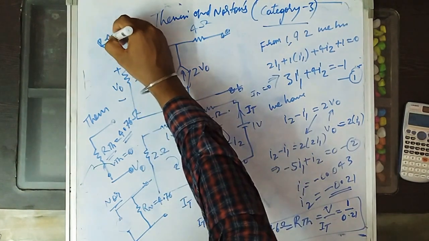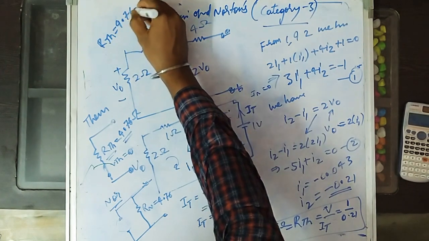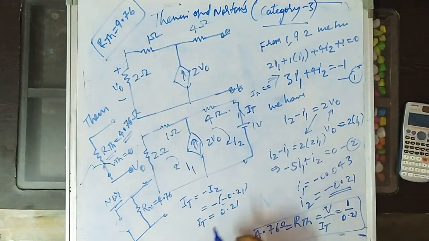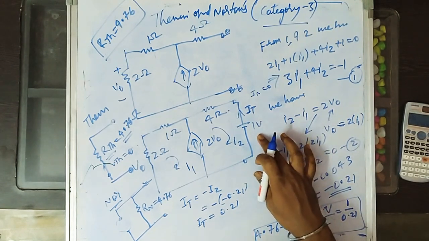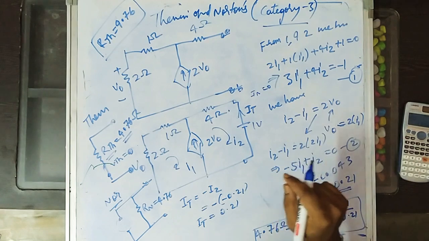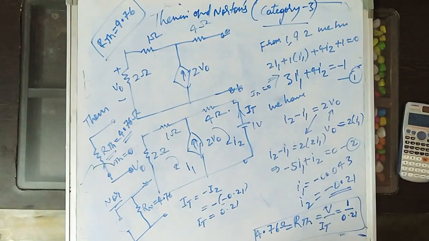You got R Thevenin equal to 4.76. Keep this aside. For the same circuit, instead of giving a 1 volt energizing element, if you give a 1 amp current energizing element, we will see what happens.